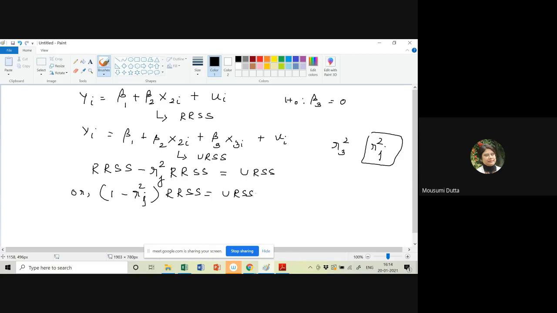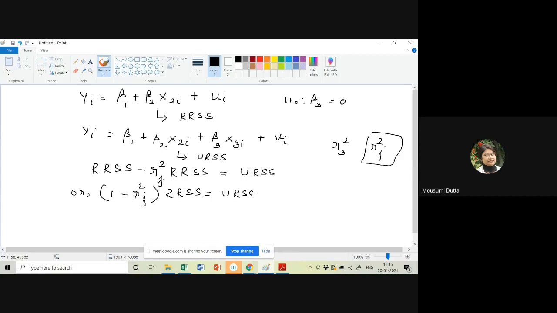So the new RSS is RRSS minus Rj square RRSS, and that will be equal to URSS. So Rj square is the portion of residual which has been explained by incorporation of a new explanatory variable x3i.